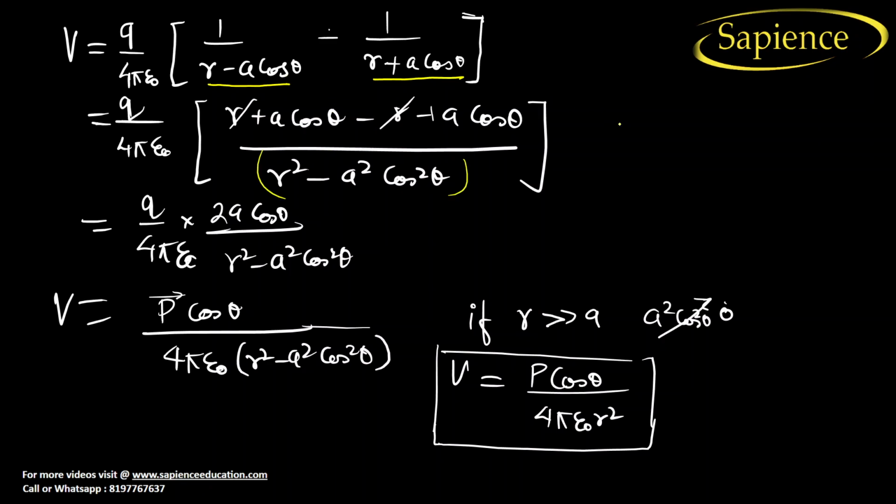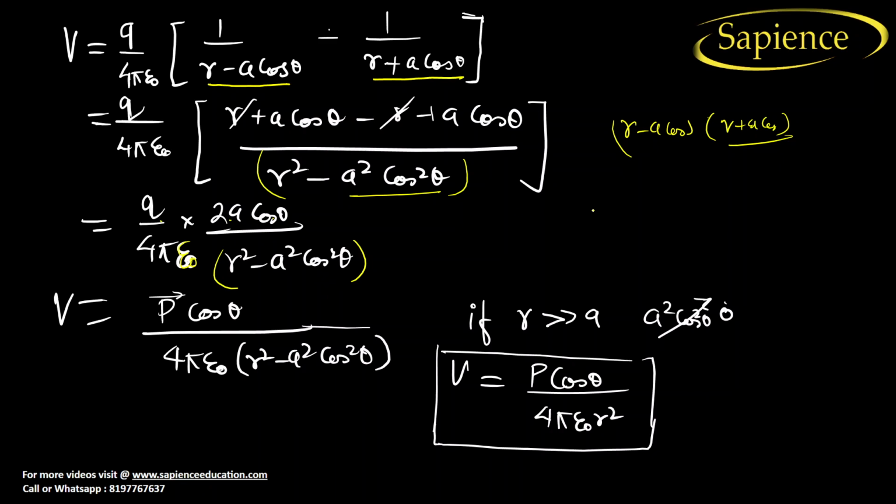If you take the LCM, R minus a cos theta multiplied by R plus a cos theta, that is a plus b, a minus b, so it will definitely be R square minus a square cos square theta, right? Now finally, our net equation becomes q into 2a cos theta over 4 pi epsilon naught into R square minus a square cos square theta.